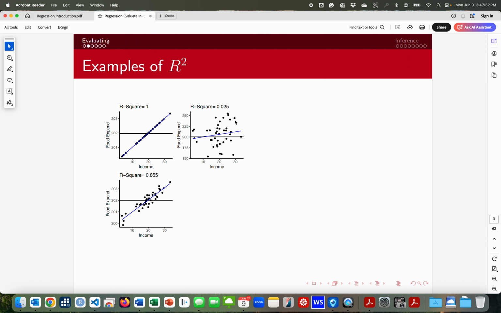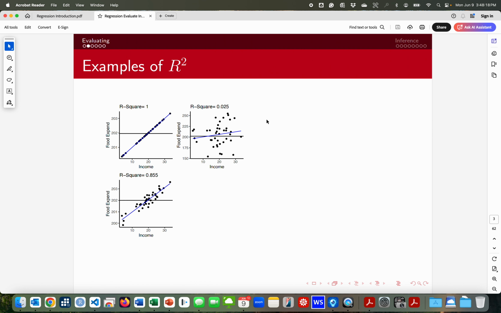If we look at the residual, the dot minus the line, that makes up the majority of what we observe in the dot minus the mean. So in this case, most of the variation is unexplained. And notice how close the line that we estimated is to the actual mean. The slope is very, very flat, and it's very close to the actual mean.